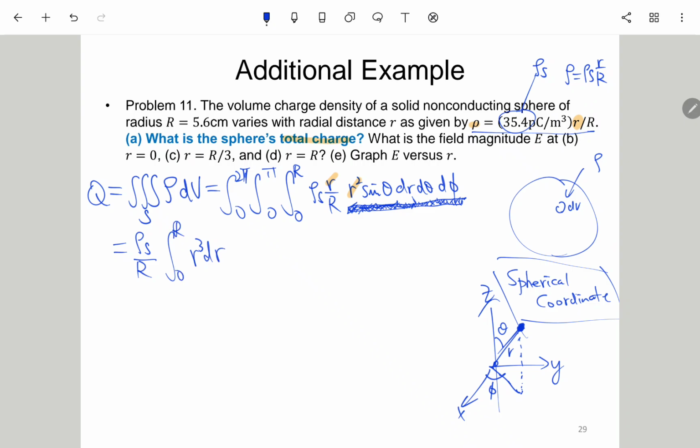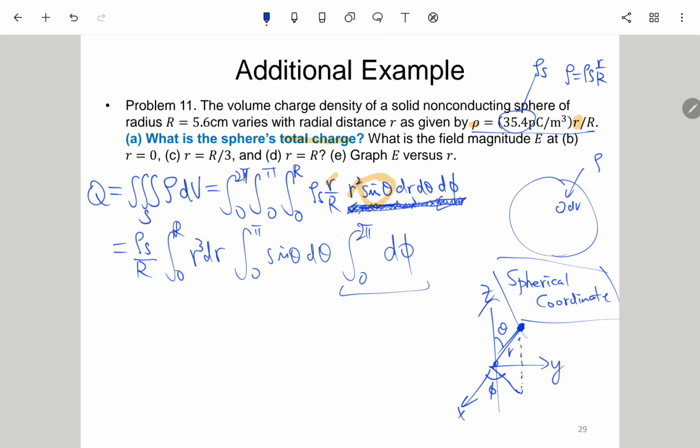And then for the d theta, we have a sine of theta. So we have an integration of sine of theta d theta from 0 to pi. And for the phi, we cannot see any phi there. So it is something like this, from 0 to 2 pi.